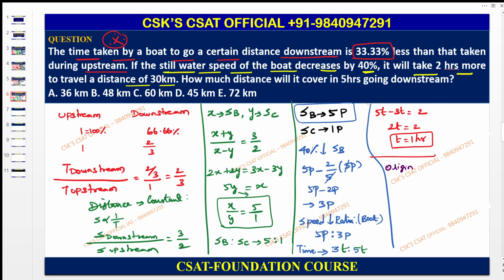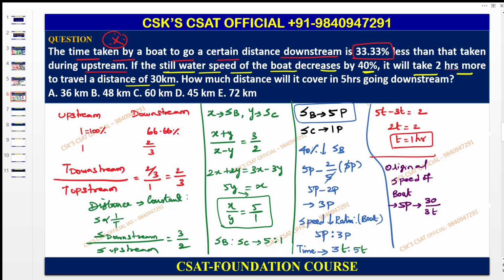Similarly, you need to find out the original speed of the boat. What is the original speed of the boat? 5p, right? T is equal to 1 hour. Now try to understand. To cover this distance, 30 by 3t.